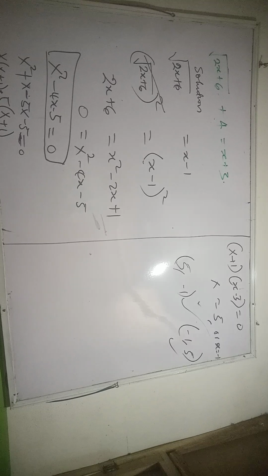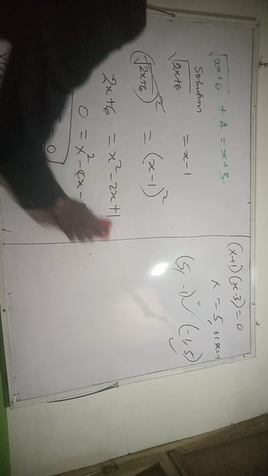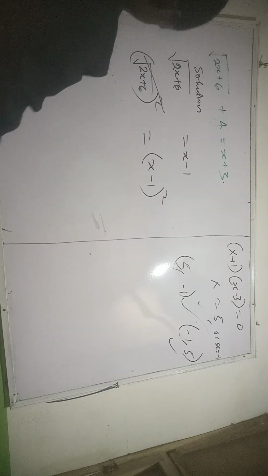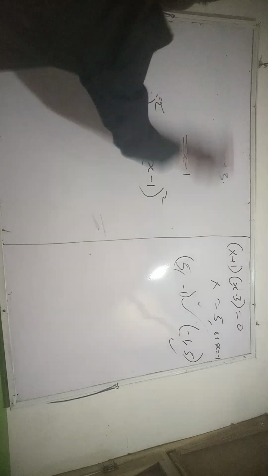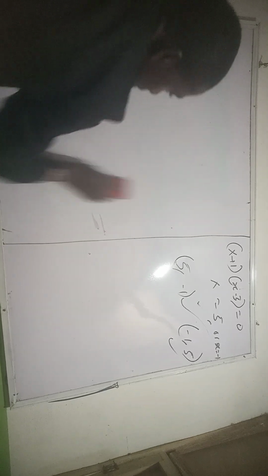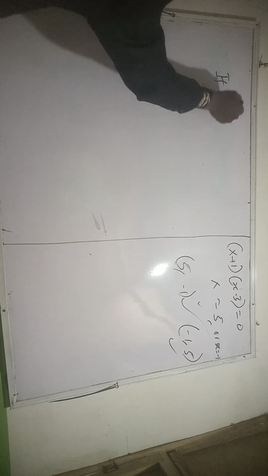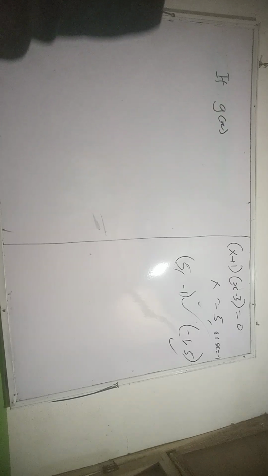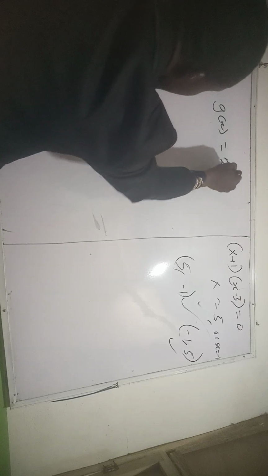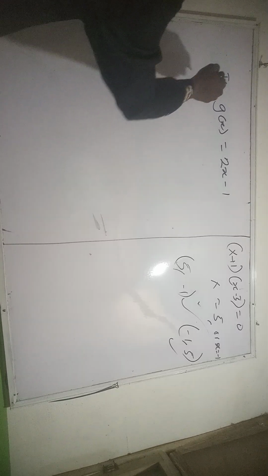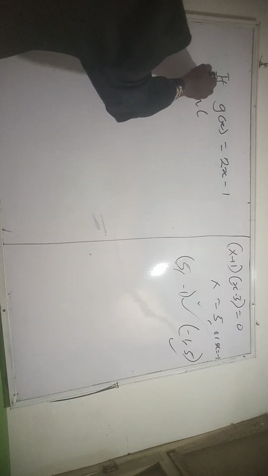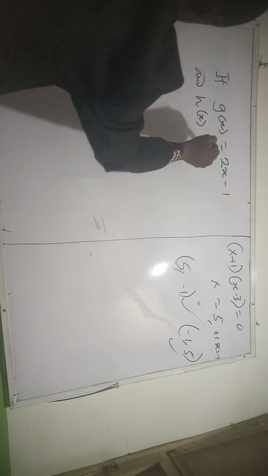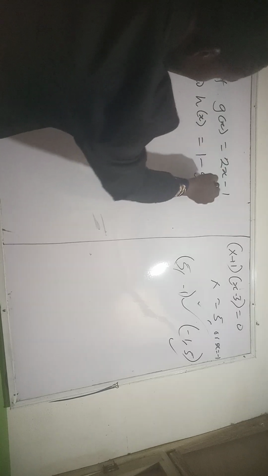I know how to factor those questions to make it so precious and time preserved without consuming much of our time. So let's go to the next question. The next question says if g of x is equal to 2x minus 1 and h of x is equal to 1 minus g of x.